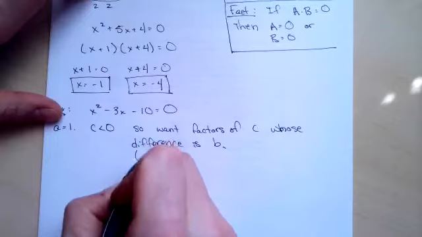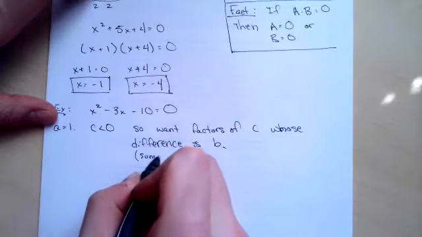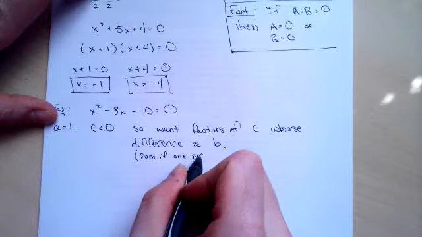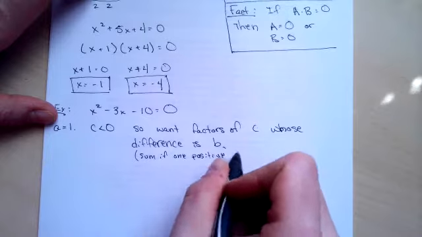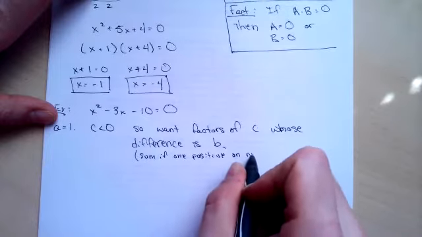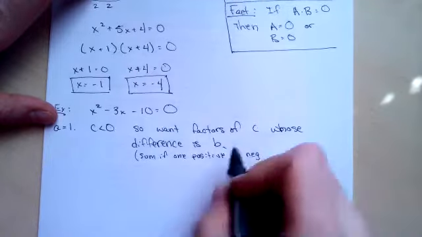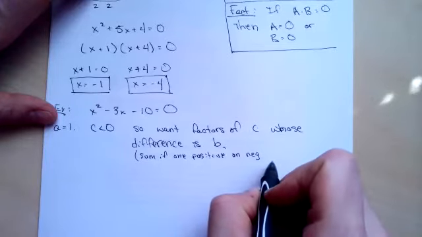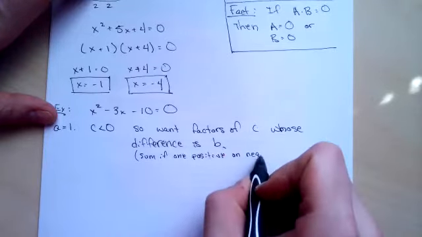And I will say, of course, sum if you consider one positive and one negative. So it kind of depends on how you look at it, to match the words of whether we're adding or whether we're taking the difference of the factors.